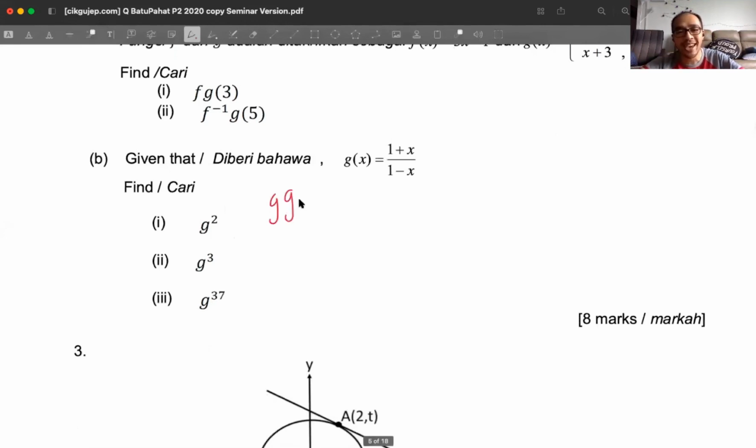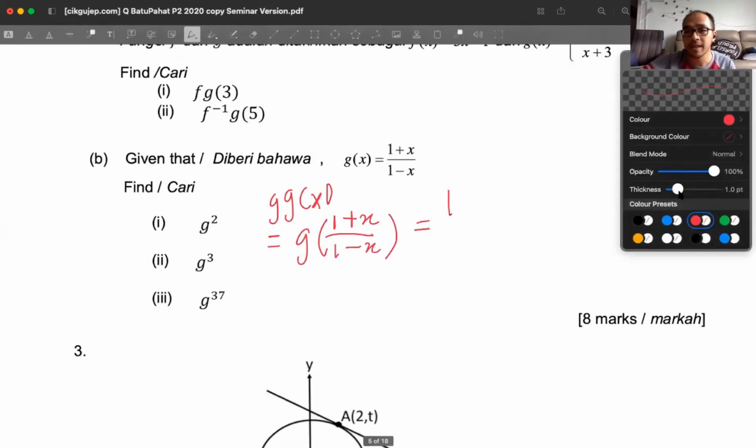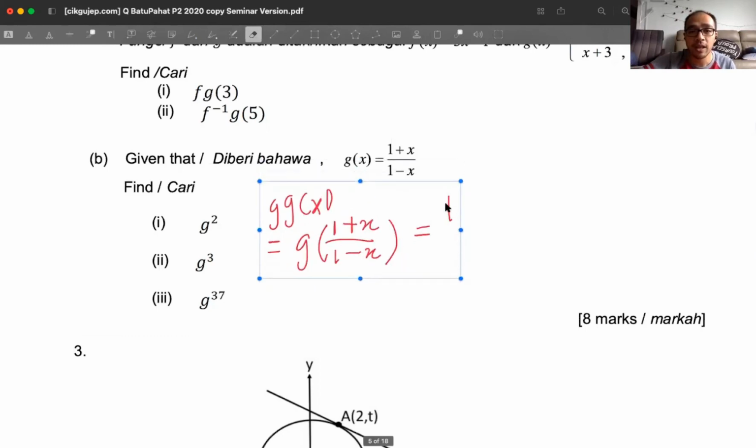So GX will be equal to G, and then you have 1 plus X over 1 minus X. You substitute this into the X over here. I'm going to use different colors to help you all. I like using different colors.